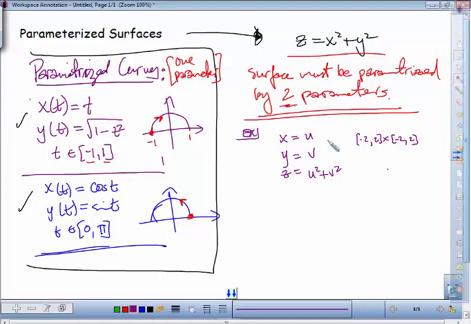But just to be clear, we can say u, v, the points are within this set. So we have this, and now the drawing for this will give us a paraboloid, but it will give us a paraboloid with these little corners sticking out.